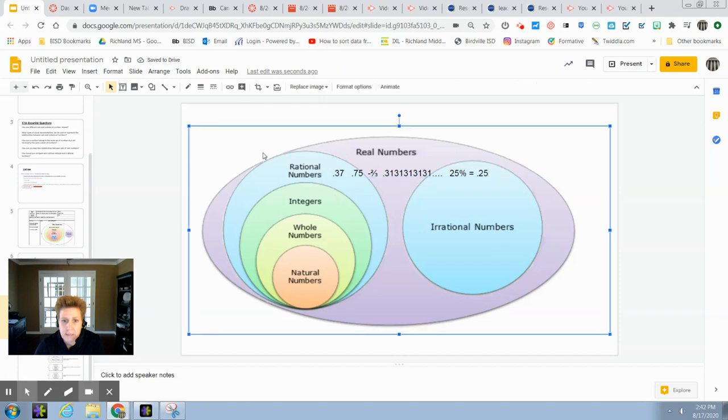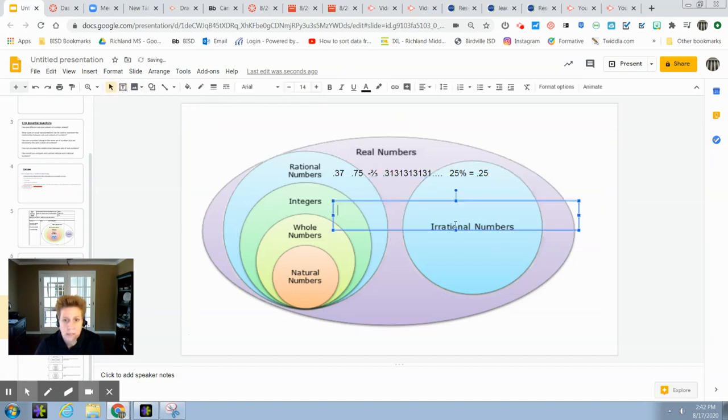Now let's look at some integers. Integers would be, well, we know -3 would be one. We know -18 would be one. We also know 0 would be one. We know the number 1 and the number 3.